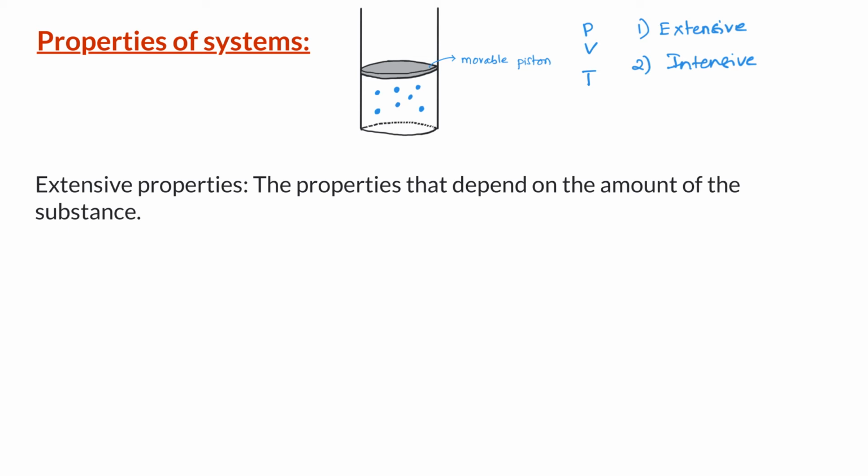For example, the mass of the ideal gas sample is an extensive property. The mass of the ideal gas sample depends on the amount of the ideal gas. If we take 1 mole of ideal gas, if it weighs x grams, then 2 moles of ideal gas weighs 2x grams.